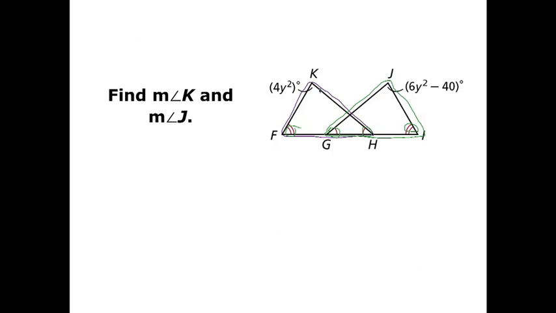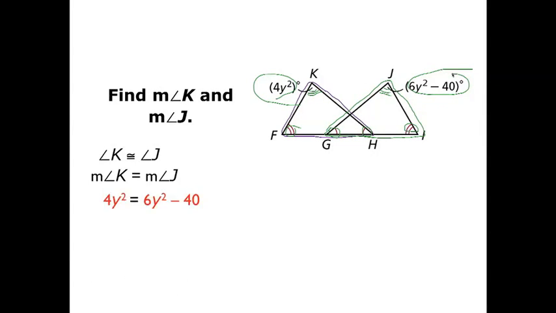What's that mean for us? It means by the third angles theorem that our third angles K and J have to be congruent, which again leaves me these expressions that I can set equal to each other because those angles were congruent.